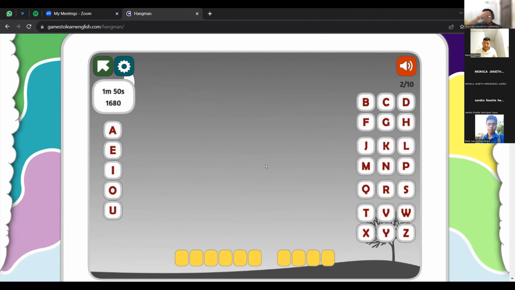Round 2. Okay, a lot of letters, but I will give you the vowels. Now, very easy.